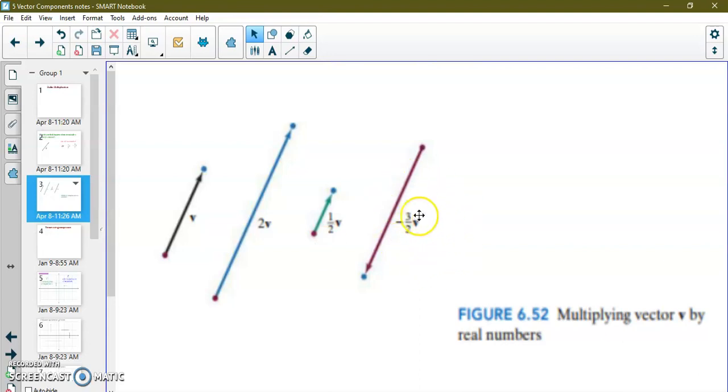And if we have negative 3/2, well, we're going to take 3/2 of this length, so 1.5. See how it does look a little bit longer. So if we were to add this 1/2 to it, that would be 3/2. But then negative, that changes our direction. We flip it and we go in the opposite direction.